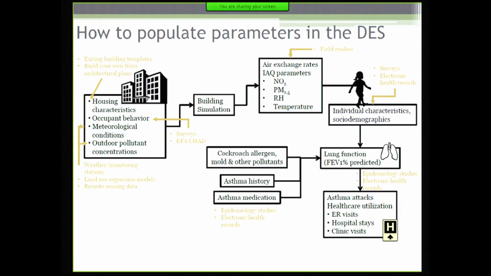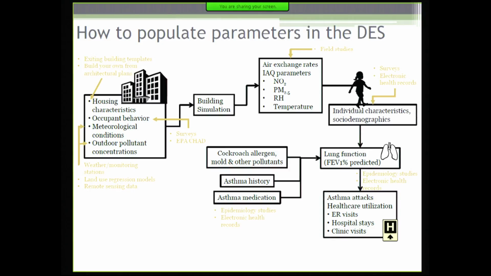We can also look at electronic health records for things like asthma medication, compliance, prescription, and how that changes the relationship between your lung function and your asthma attacks. And then finally, that lung function health outcome relationship can, again, come from epi studies, which is what we've traditionally done, or, again, from electronic health records, which is what we're working towards.